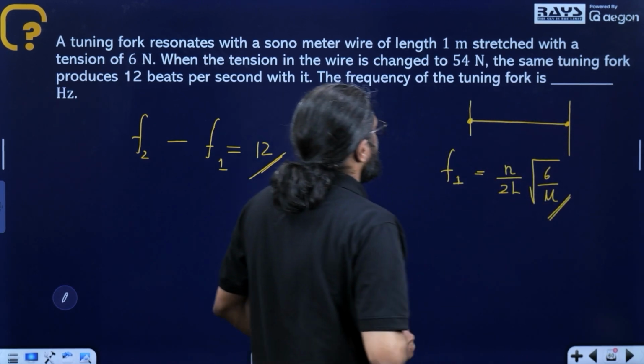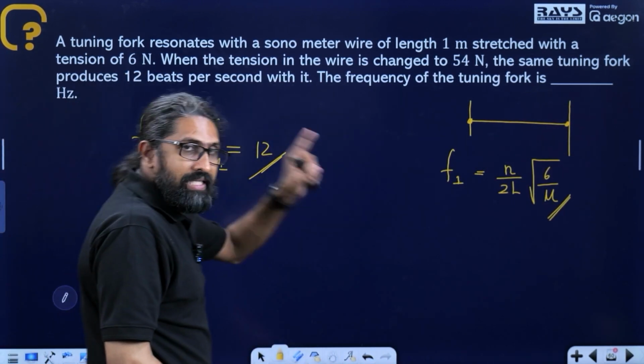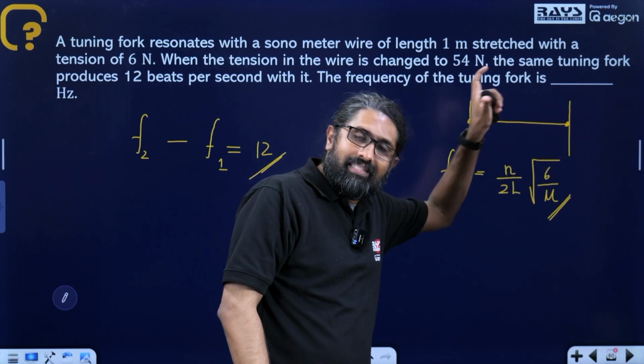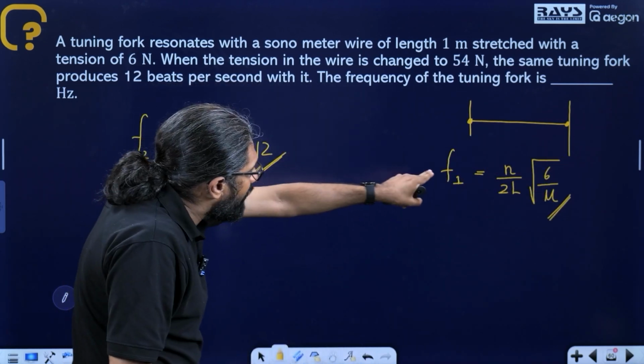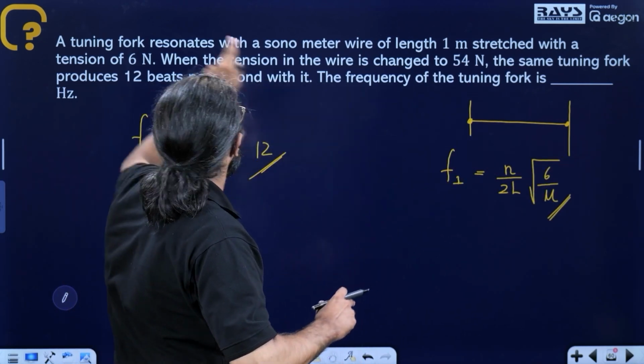The tension is given as 6 Newton. So this is the frequency of the string in the first case. Exactly the same frequency will be that of the tuning fork as well.